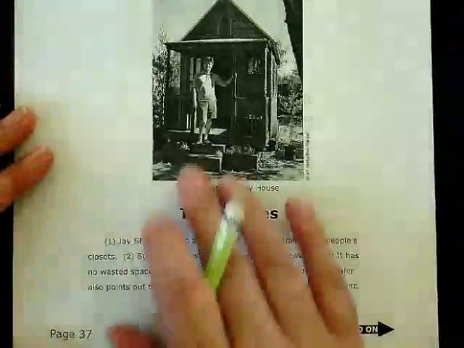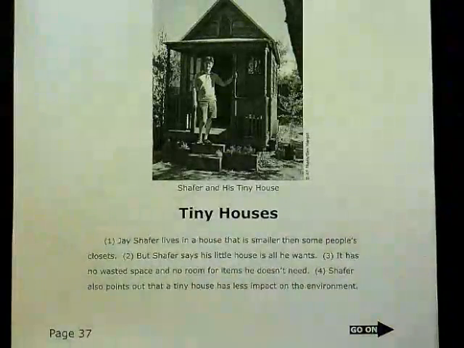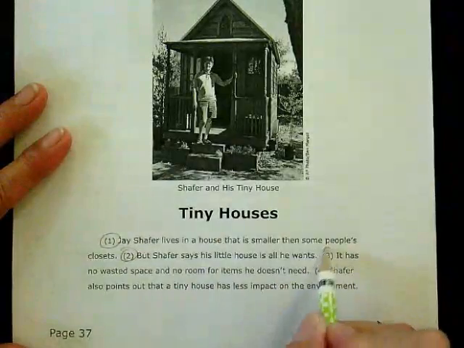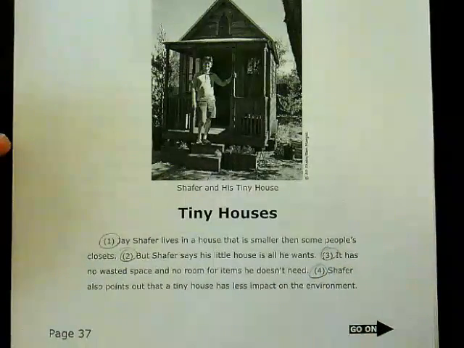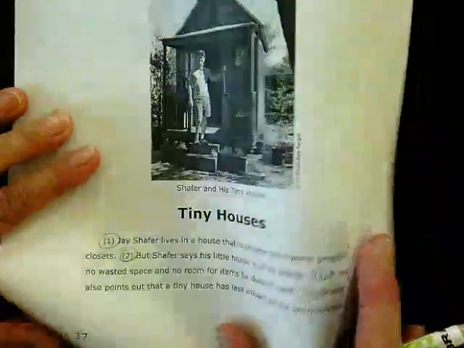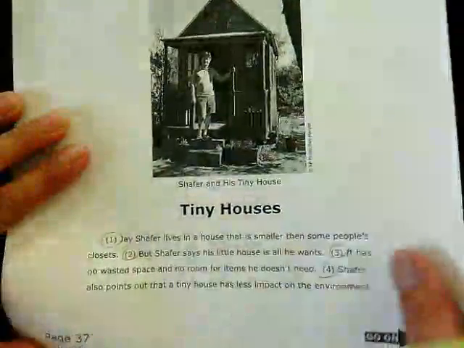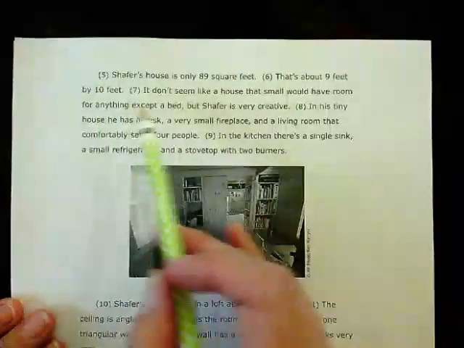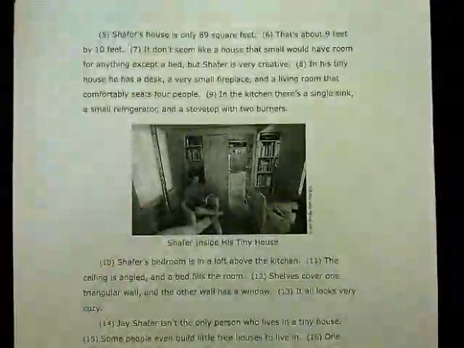So we're going to read through our short little passage. And if you'll notice, each one of my sentences has a number in front of it. There's lots of numbers. Let's look at the next page because it can be like, whoa, what just happened? What's with all the numbers? Because it's not paragraphs. See? 5, 6, 7, 8, 9. It keeps going. They've put a number before each sentence.